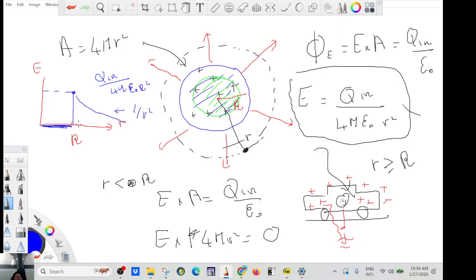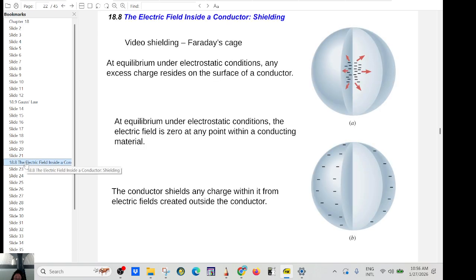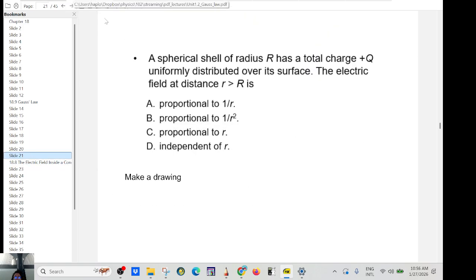I forgot my math. But there is an issue here. So if you are very far, outside the Van de Graaff generator, then the electric field will be proportional to 1 over r squared, the inverse square law.